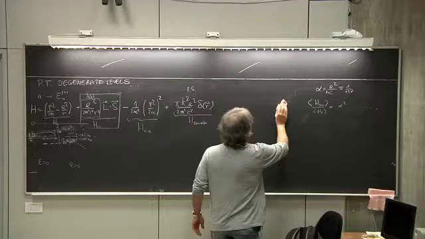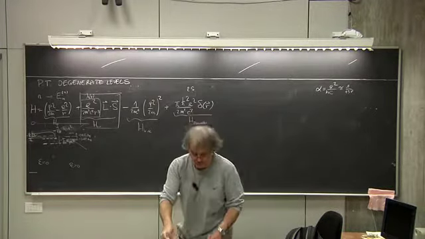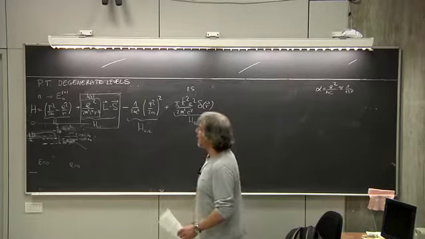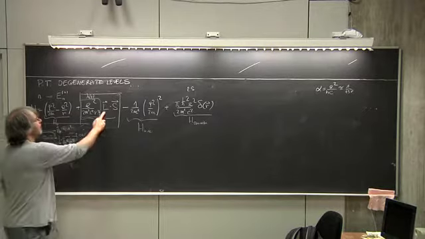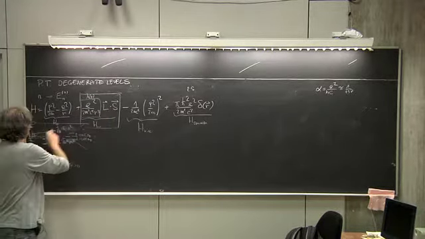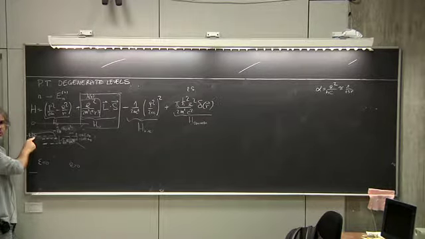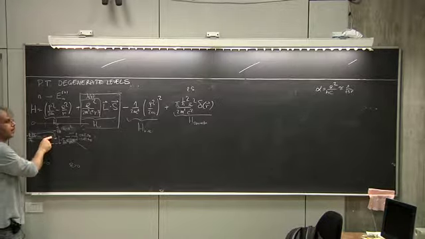Well, you realize that in order to treat this piece and to write now the matrix, I would have how many states? Well, this really doesn't act on the 2s, because L is 0 for the 2s. So it acts only on the 2p states.